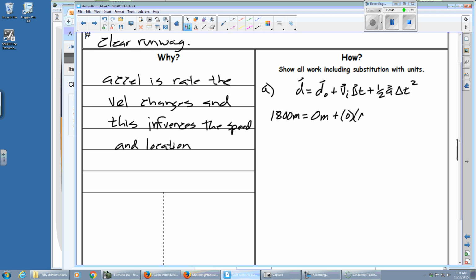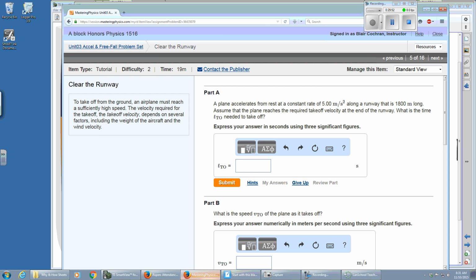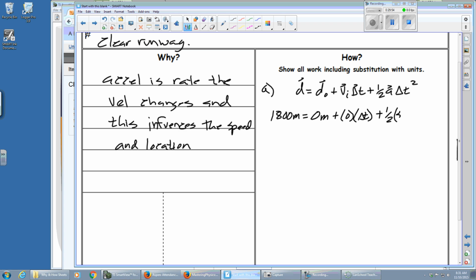So Δt, plus 1/2, is that 5? 5 meters per second squared, Δt squared. So I'm left with 1,800 meters equals 2.5 meters per second squared, Δt squared.